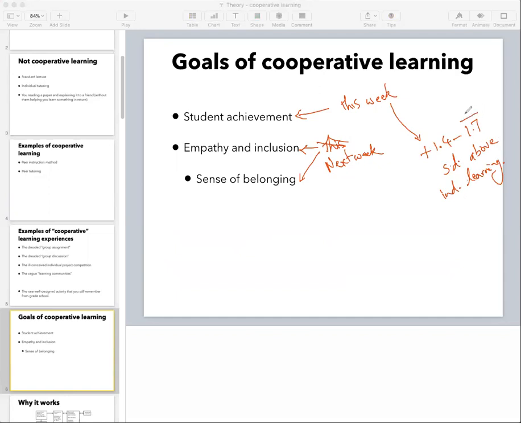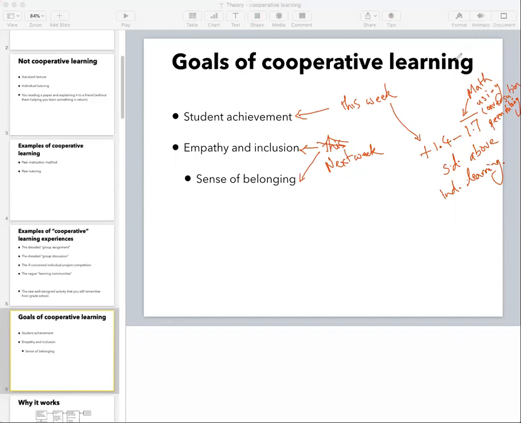This 1.7 number, I think, comes from math using conversational assistance. So this would be conversational peer tutoring. So even in a subject like math, which seems like it's full of facts and there's nothing to discuss, cooperative learning can improve student achievement by about 1.7 of a standard deviation.